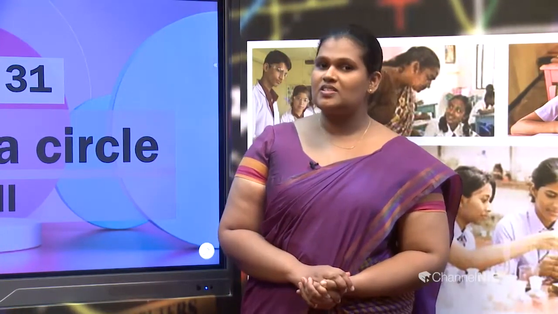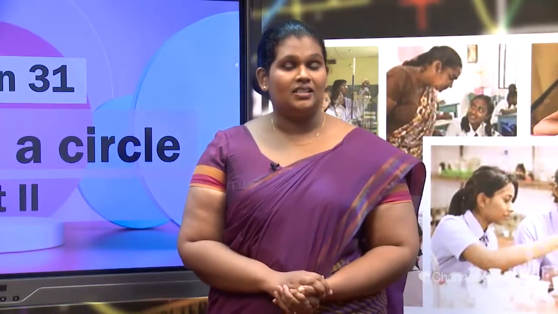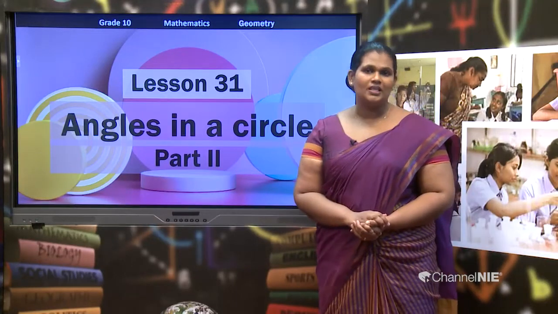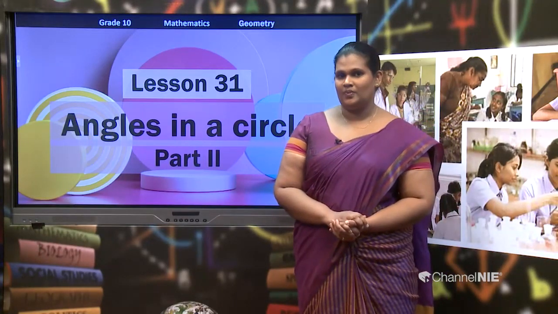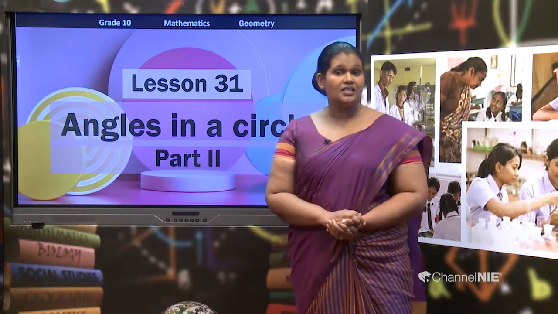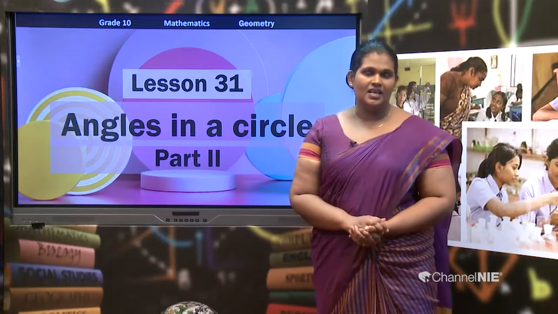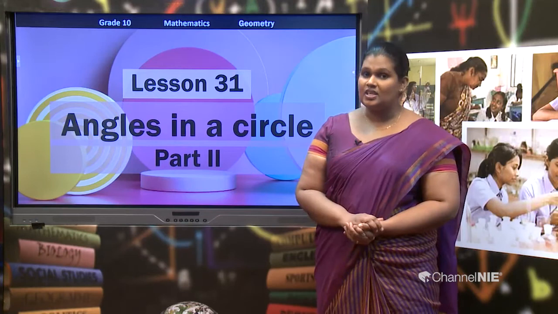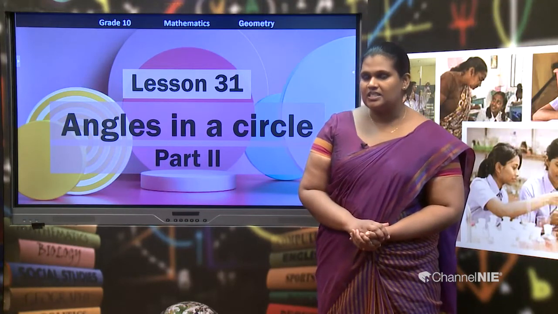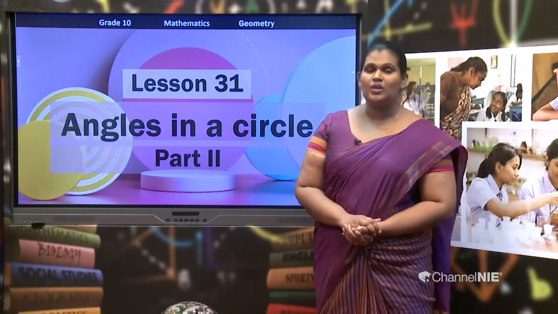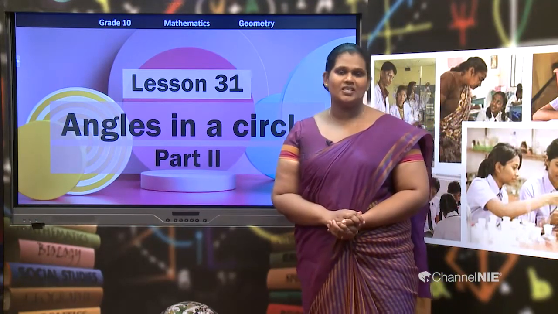Then the second theorem: angles in the same segment are equal in magnitude. Finally, angles in a semicircle, and we said that the magnitude of the angle in a semicircle is 90 degrees.